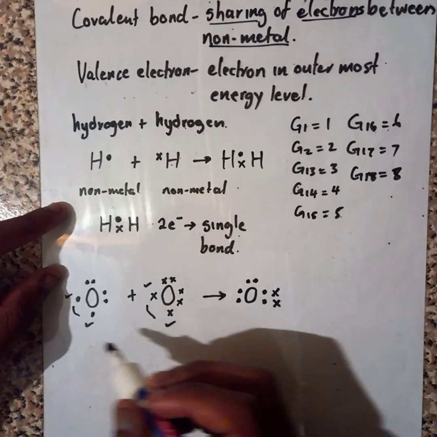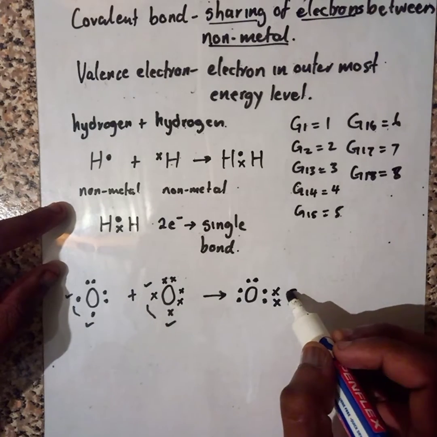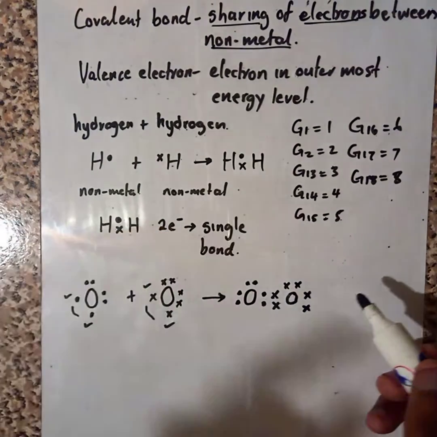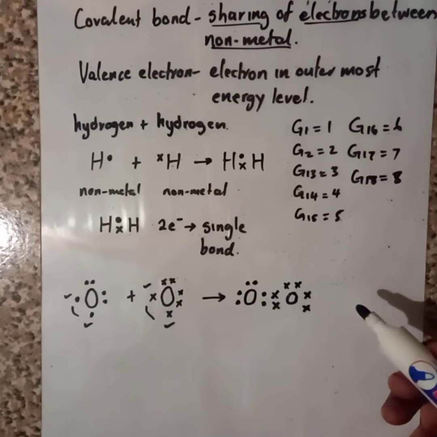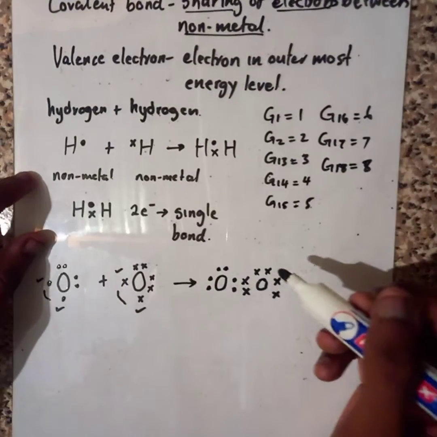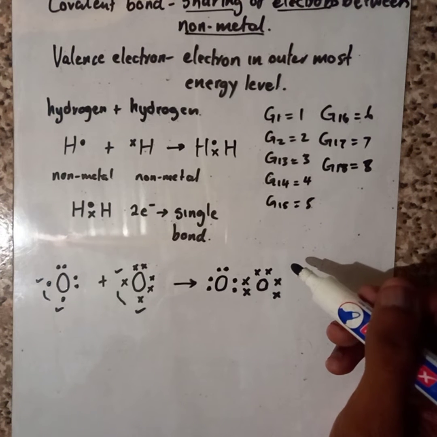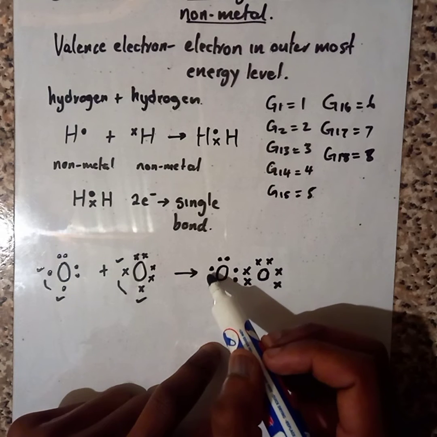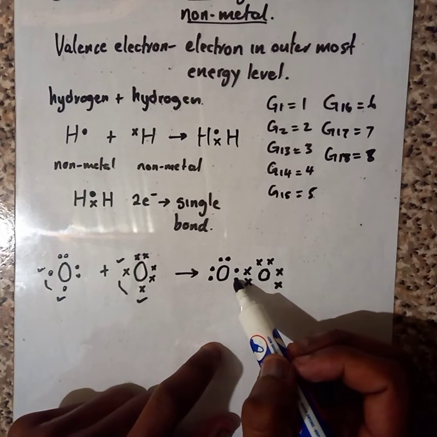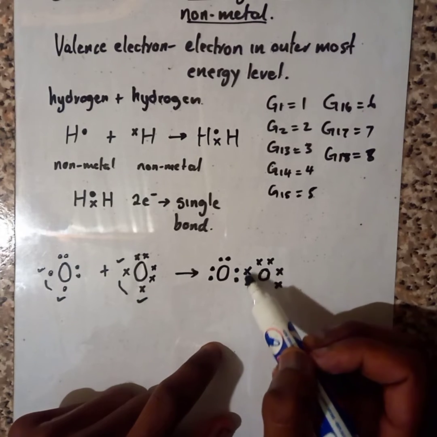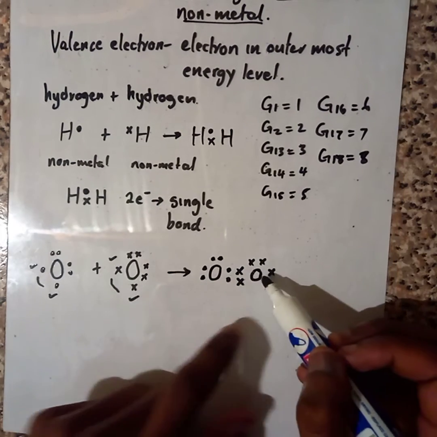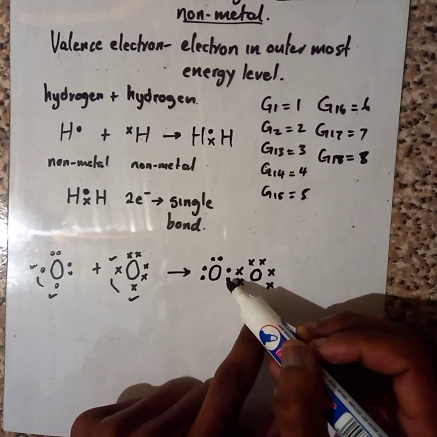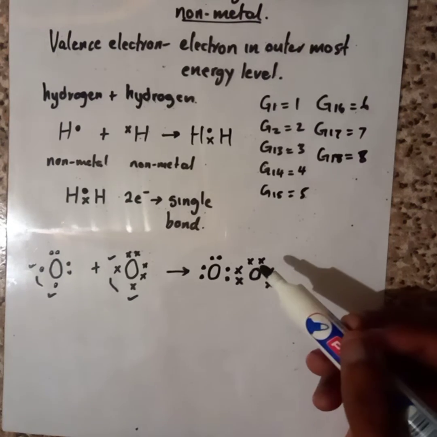Now at the end of the day, we must satisfy the octet rule, which states that the valence electrons of each should be 8. We have 1, 2, 3, 4, 5, 6. Let us include these, 7, 8 for the first one. If I consider the second one, I'm going to have 6 together with these. It satisfies what? The octet rule.